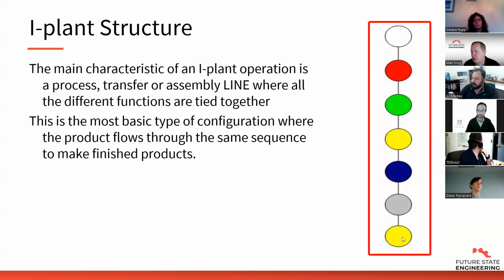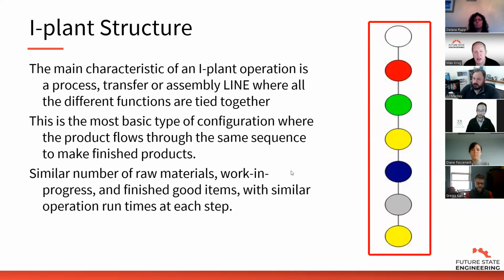So I start out making different products, and when I package it on the line, it goes through the sleeving operation, then the filling operation, then it goes through a testing operation, then it goes to our cartoner, packaging equipment, pallet, and done, right? So all the operations are tied together, and there's similar raw materials, work in process, and finished goods with similar run times and setup times at each step.